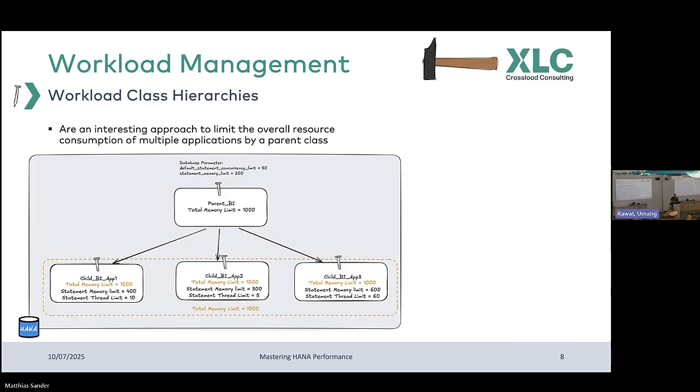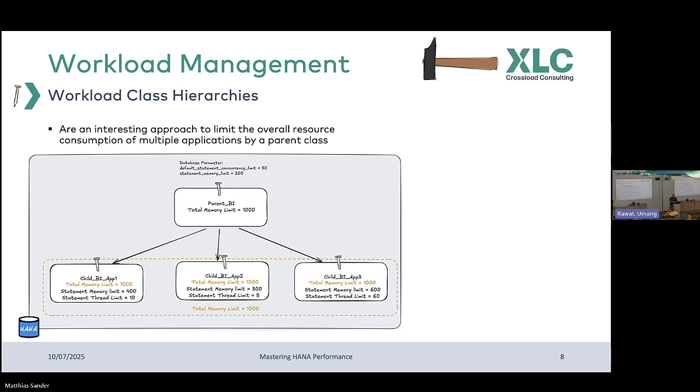What we can also do with workload classes is use hierarchies. That means you have the possibility to have parent workload classes and child workload classes. This makes sense in some situations. We show a small example here. There's the parent workload class, called parent BI.